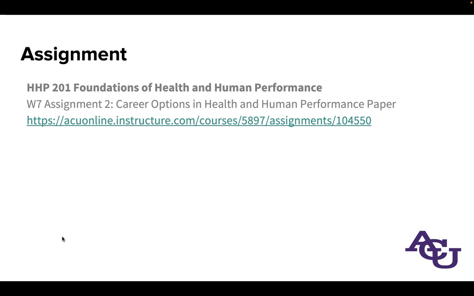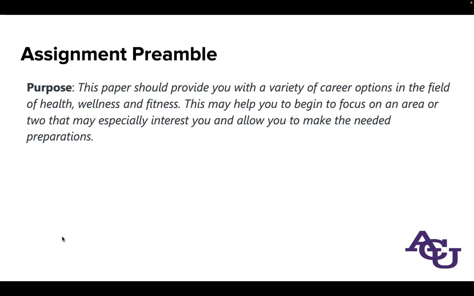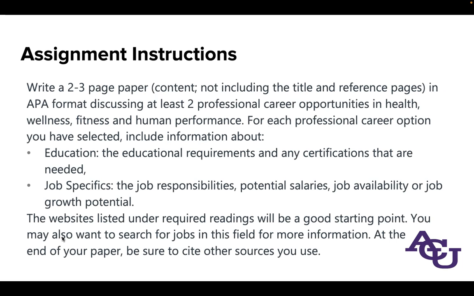So this is coming from the Foundations of Health and Human Performance course. And the description begins with a preamble. This paper should provide you with a variety of career options in the field of health, wellness, and fitness. This may help you to begin to focus on an area or two that may especially interest you and allow you to make the needed preparations.